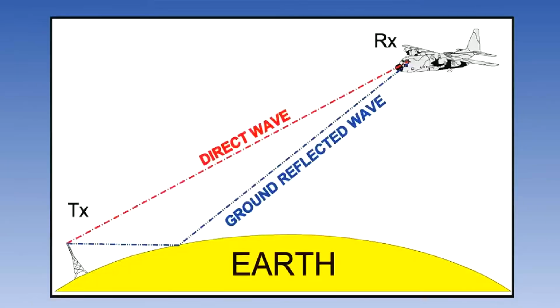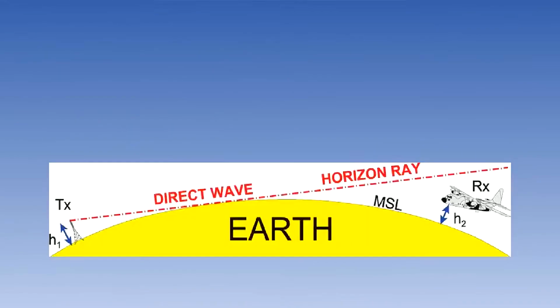The second type of non-ionospheric propagation is the space wave, which is made up of two parts, a ground-reflected wave and a direct wave. At frequencies of VHF and above, radio waves start to behave more like visible light. And in the same way that light has a visible horizon, radio waves also have a horizon.